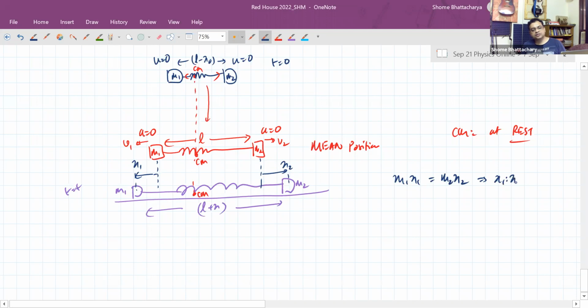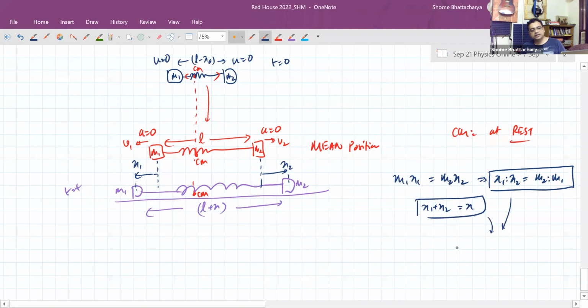In other words, x1 is to x2 is m2 is to m1. And comparing this and this, you can see that x1 plus x2 is equal to x. So from these two equations, you get that x1 is m2 upon m1 plus m2 x, and x2 is m1 upon m1 plus m2 x.